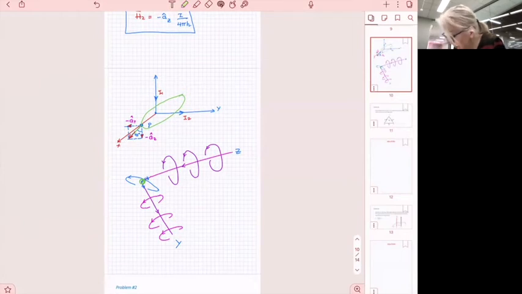Let me see. I cannot draw it well. Let me just tell you. So let me do the blue. So if this is the loop here, then it would go like this down. How would it go?